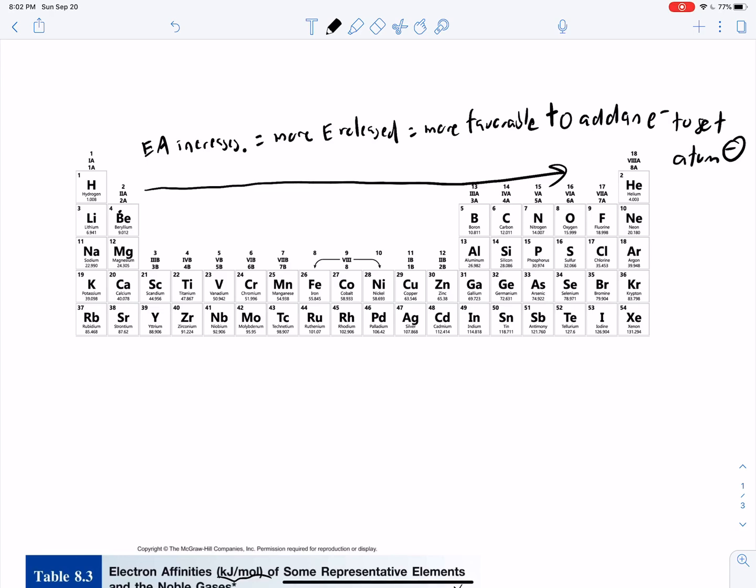As a way to think about this, for example, F minus is much more favorable to form than lithium minus by addition of an electron. That's what all of this means.